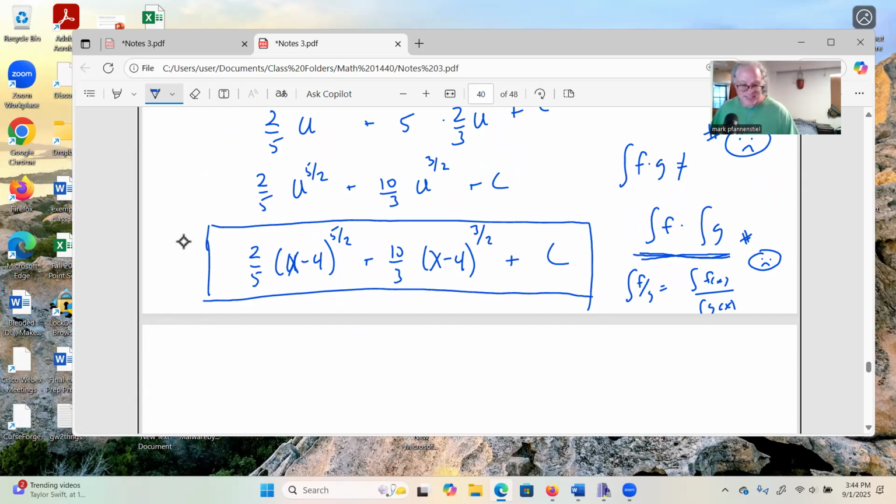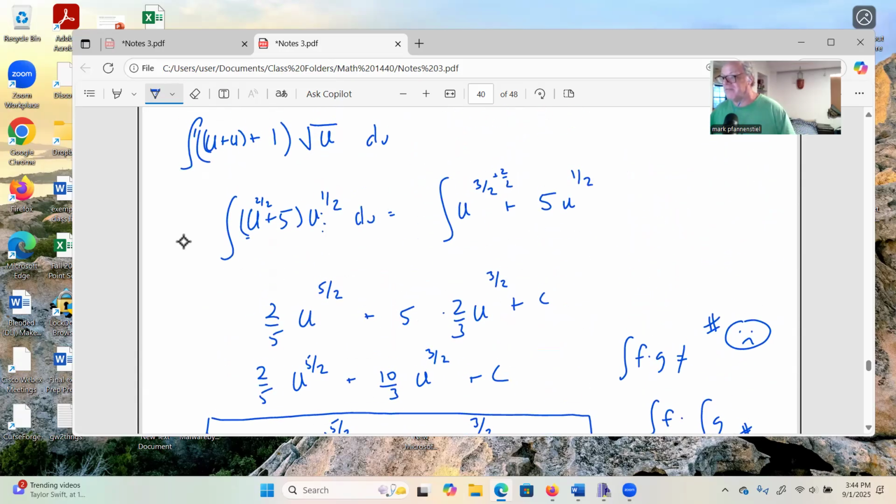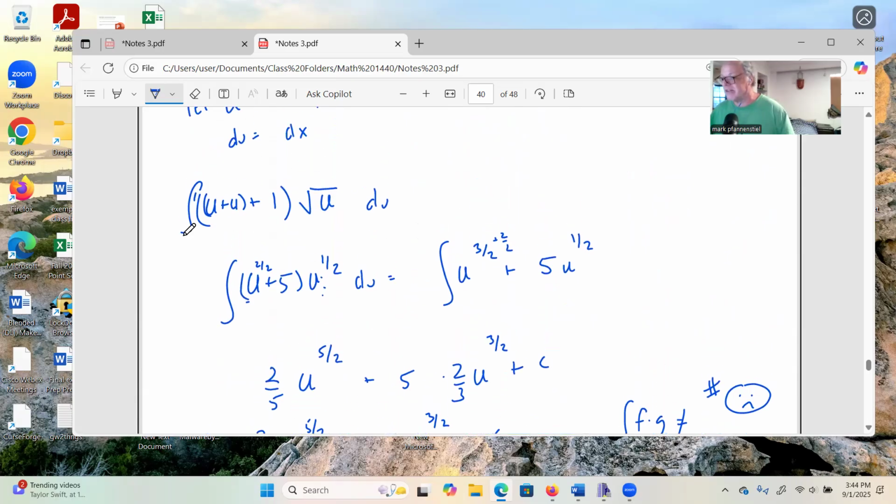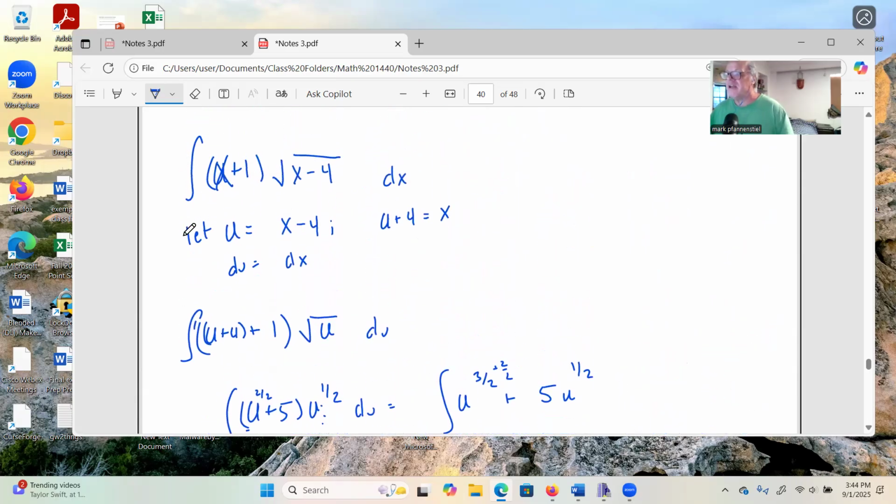Okay, it's an integration technique that you have to learn how to deal with and learn how to recognize, but they're not that bad. It's just a little tricky to try to predict when they're going to come up. And mostly what happens is you set u equal to something, and then you think, I can't get rid of all the x's. What do I do?